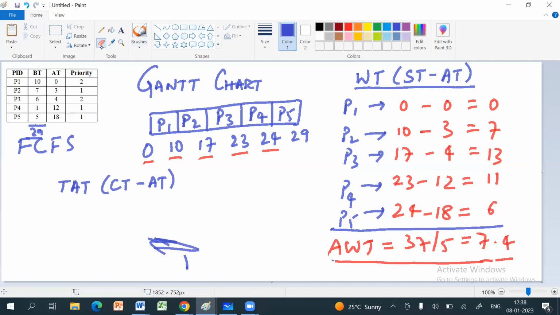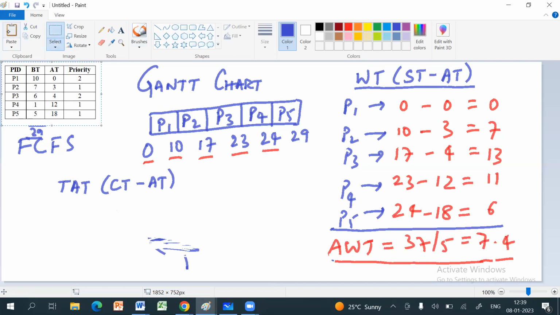I'm sorry, touch screen here. Okay, my mistake. So that's the formula for turnaround time.